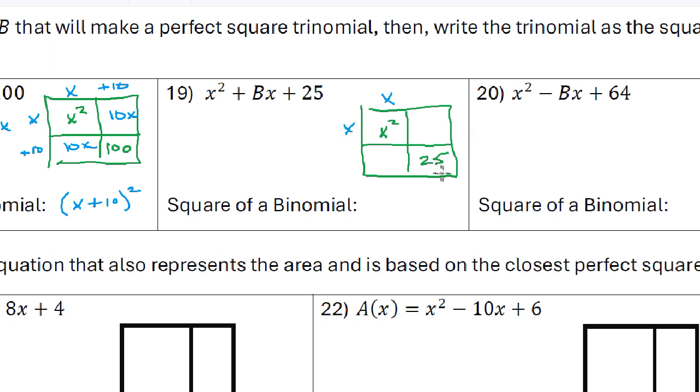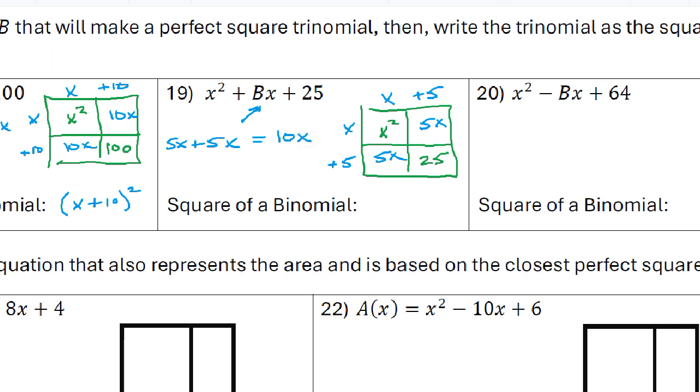And we have to figure out what number times itself gets you to 25. Well, it's 5 times 5. That means this is 5x and this is 5x. So if you look at your b value right here, your b term, it's going to be 5x plus 5x, which is equal to 10x.